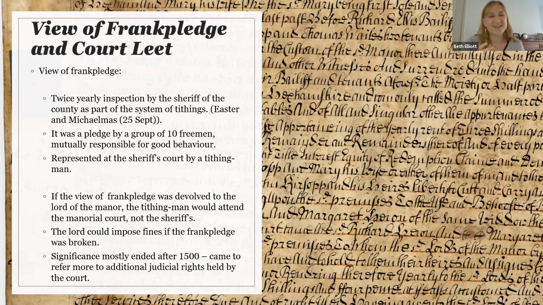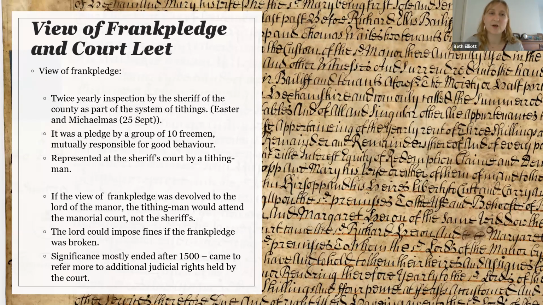Again, I'm not going to focus too much on view of Frank Pledge, but we do sometimes see this appearing with the court leet. This is a twice yearly inspection by the sheriff of the county as part of a system of tithings. Basically it's a pledge by a group of 10 freemen who are mutually responsible for good behaviour. One tithing man would usually attend the sheriff's court to represent these freemen and state that good behaviour.